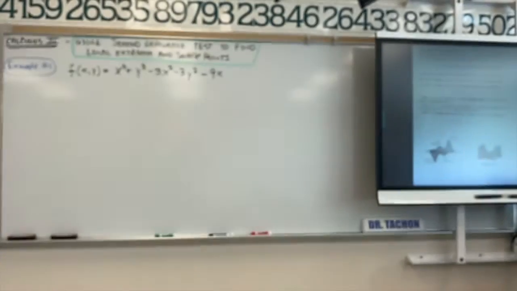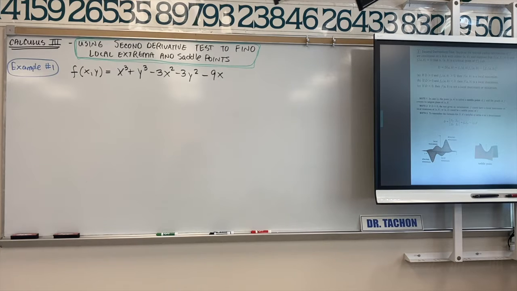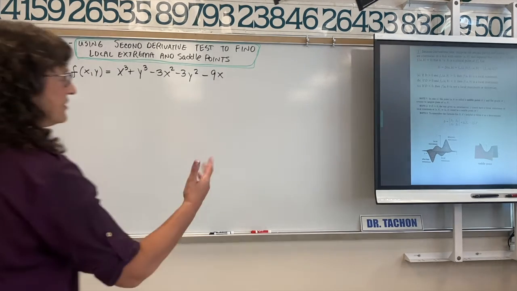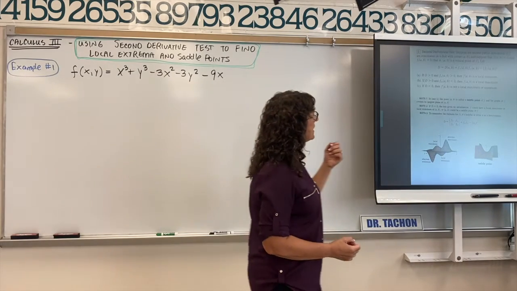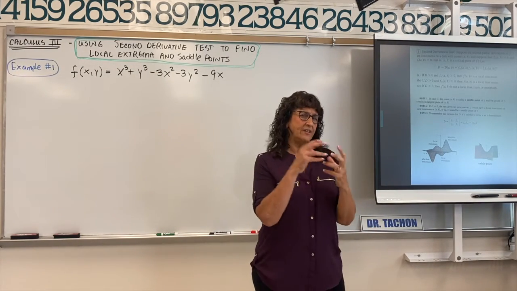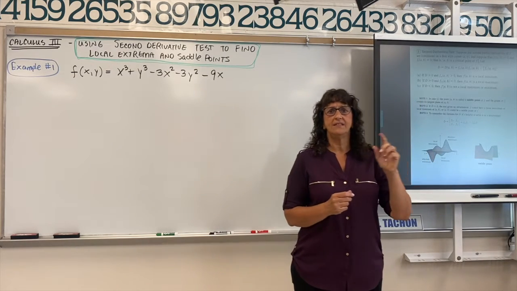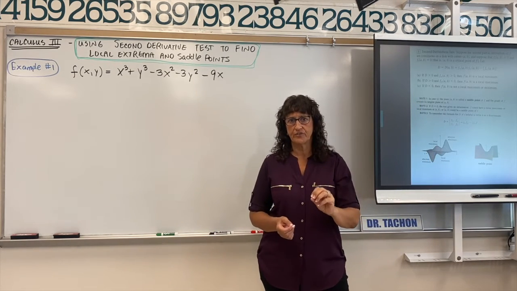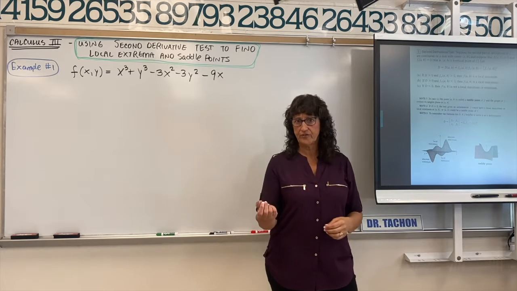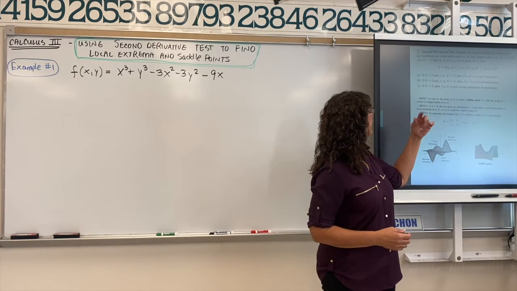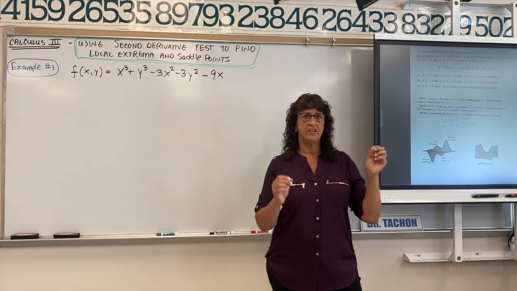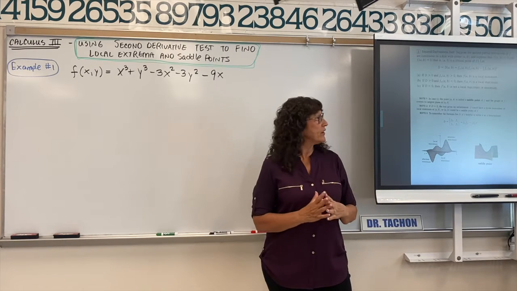The formula, the second derivative test theorem, is over here on the screen off to the side. There's a D equation, which is generated from taking the determinant of the second partial derivatives of your surface. When we get to the step where we have to use this D equation, I'll explain a little more about where it comes from.